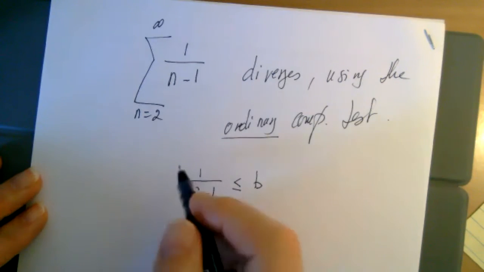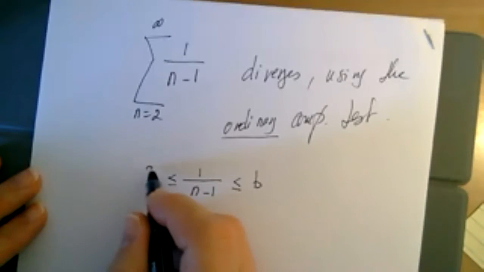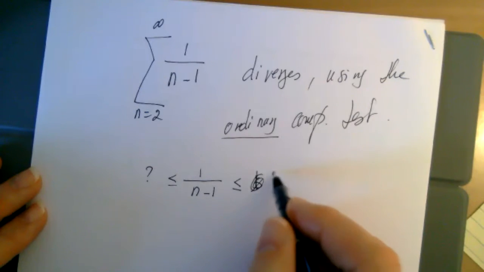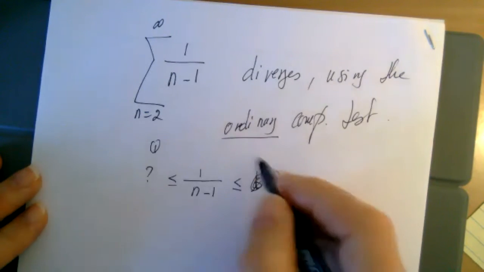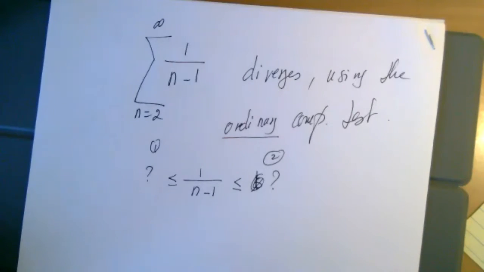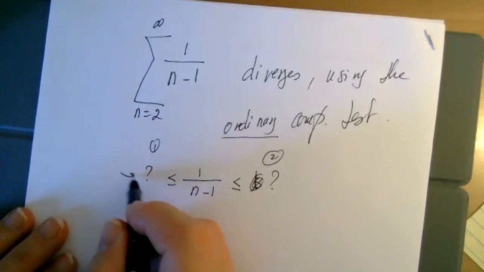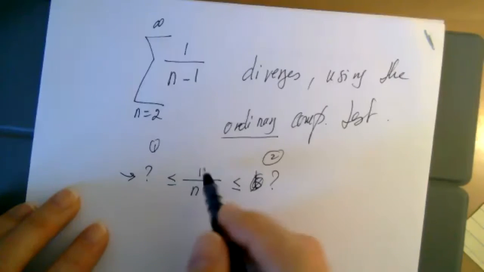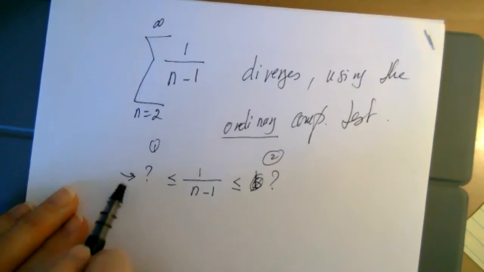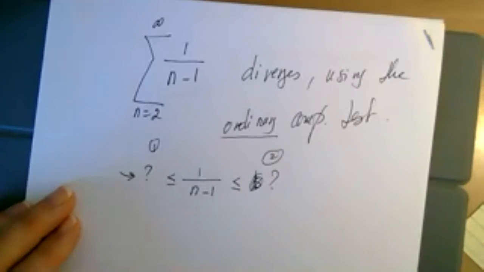What do we want? So we want something here or something here, 1 or 2. Which one do we want? Scenario 1 or scenario 2 to show its divergence? Just put on your chat which one you want. Okay, so I want scenario 1. So we want this one because we want this to diverge. So we want something less than it which diverges.